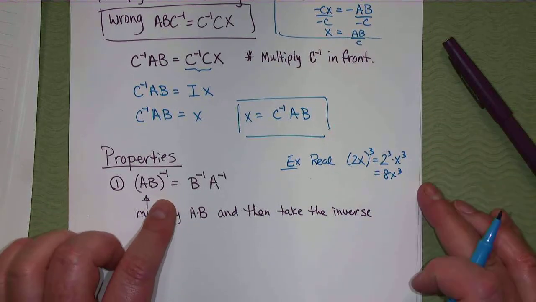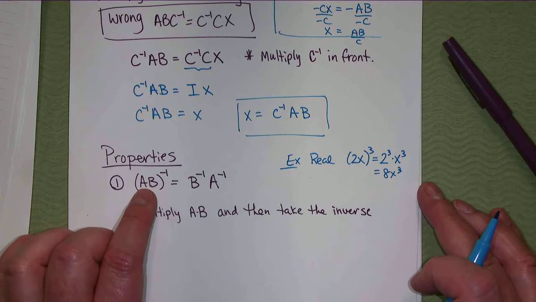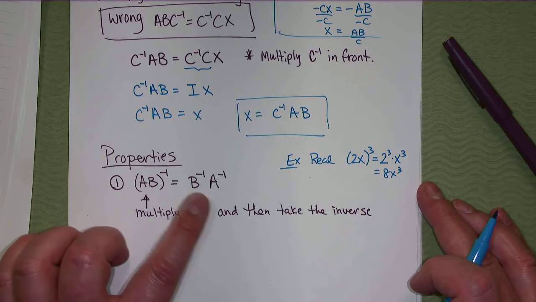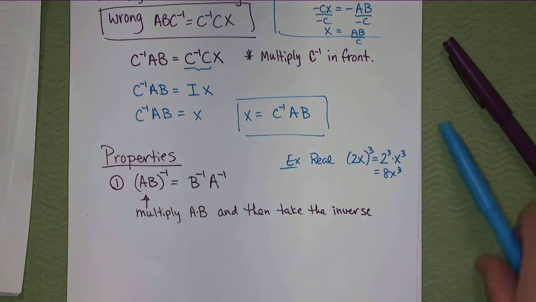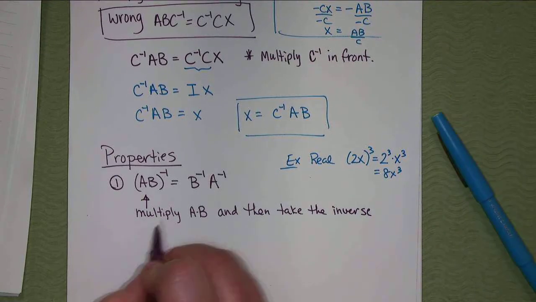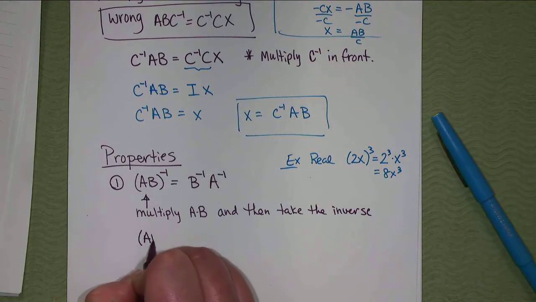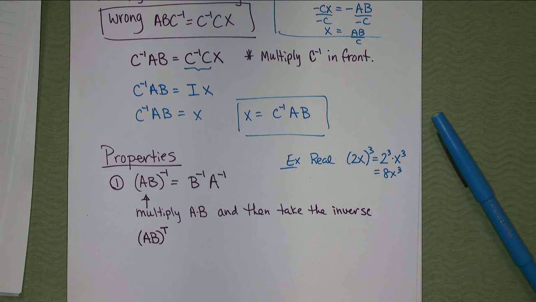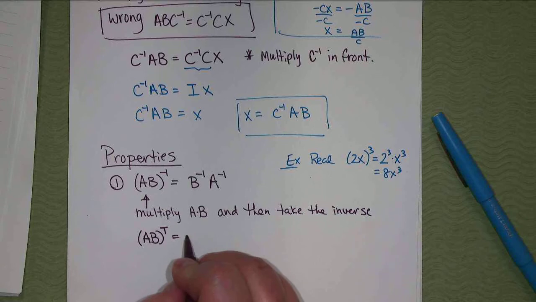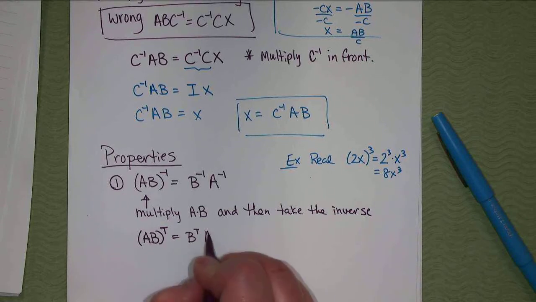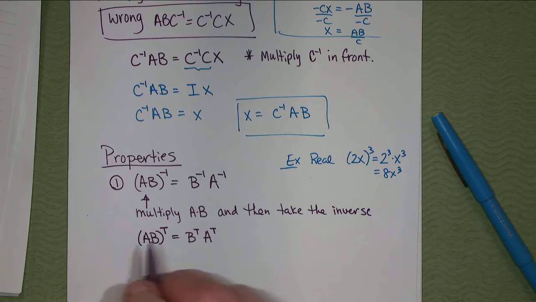But here, when it's an inverse, we have to reverse them to get the same answer. And that property is the same for transpose. So for transpose, if we take A times B and then transpose the answer, so you do the inside first and then transpose it, we could get the same thing by transposing them both, but in the reverse order.